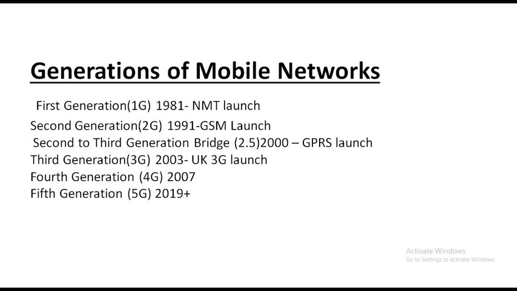But here, many people can use the same frequency in second generation with the help of TDMA, time division multiple access, and CDMA, code division multiple access method. With the help of these two technologies, many users can use the same frequency with different channels from different places.